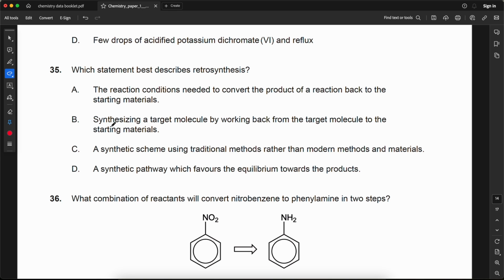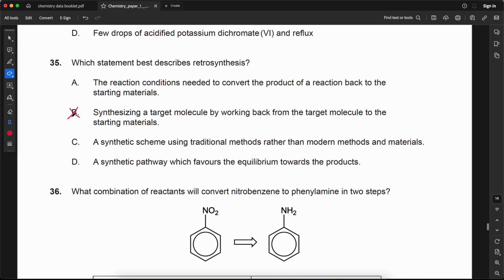So basically, designing a synthetic route working backward from the target molecule to identify the starting materials and intermediate steps needed to synthesize the target compound. Therefore, the answer is B.